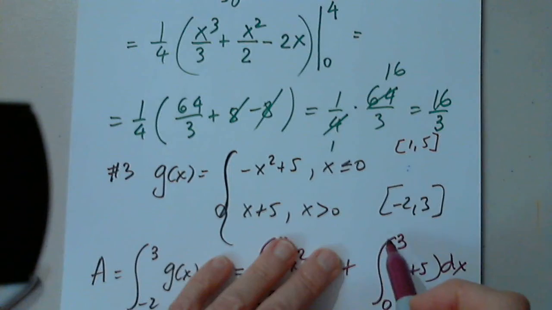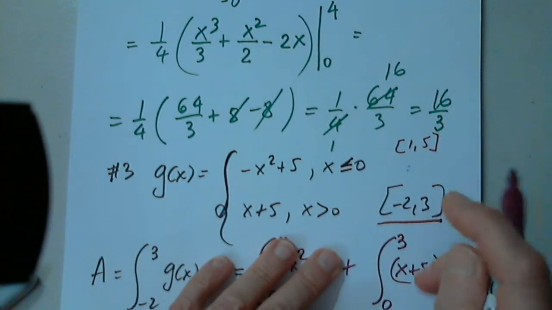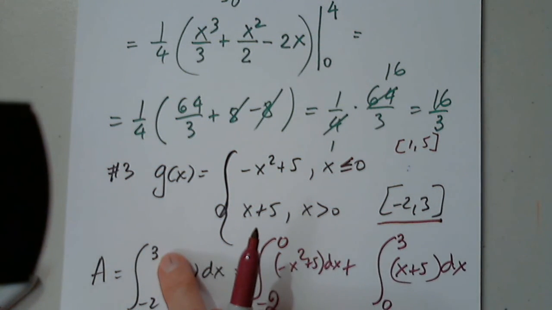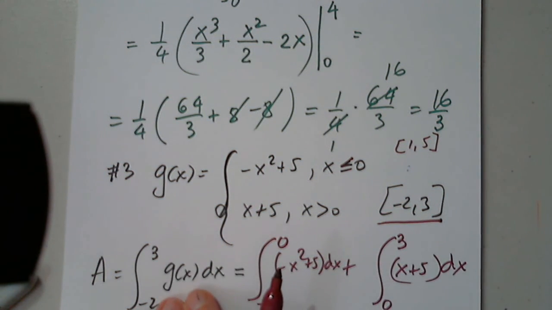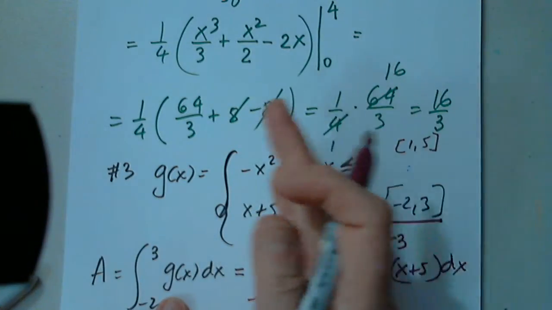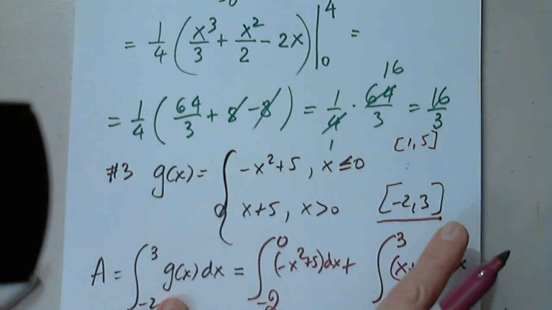But this is tricky a little bit because they want us to find the area between negative 2 and 3. But this function has two different pieces. One piece to the left of 0 and another piece to the right of 0.